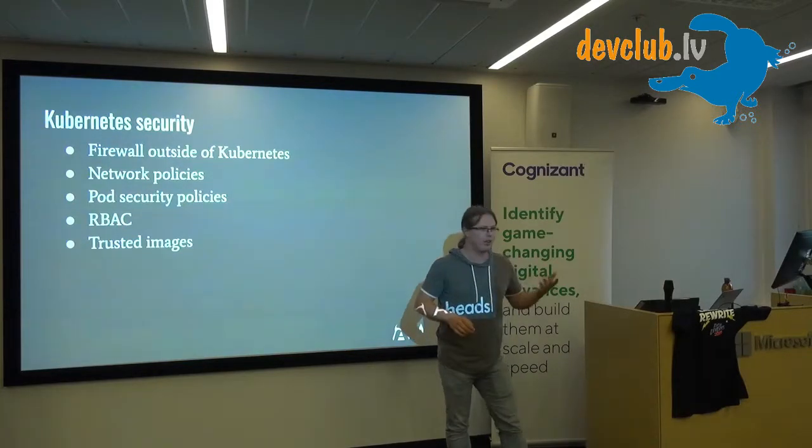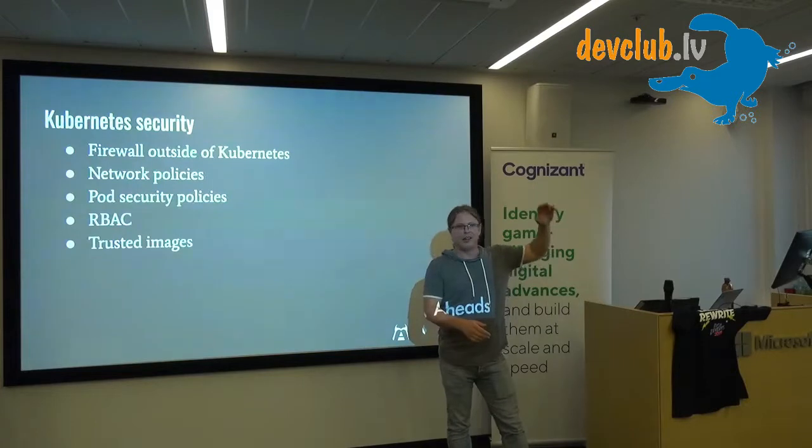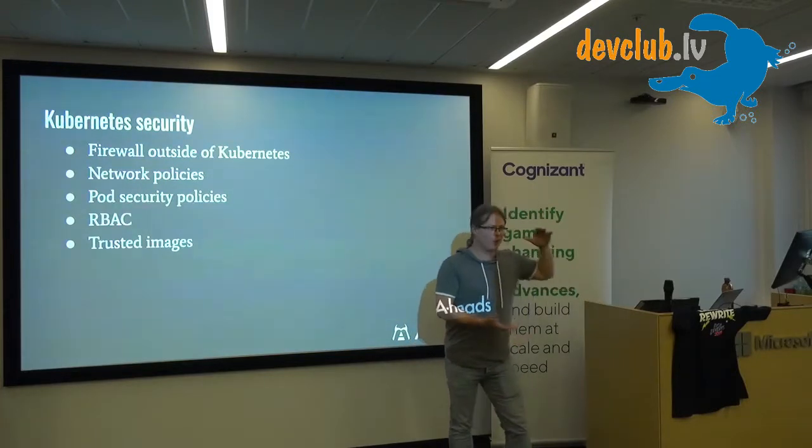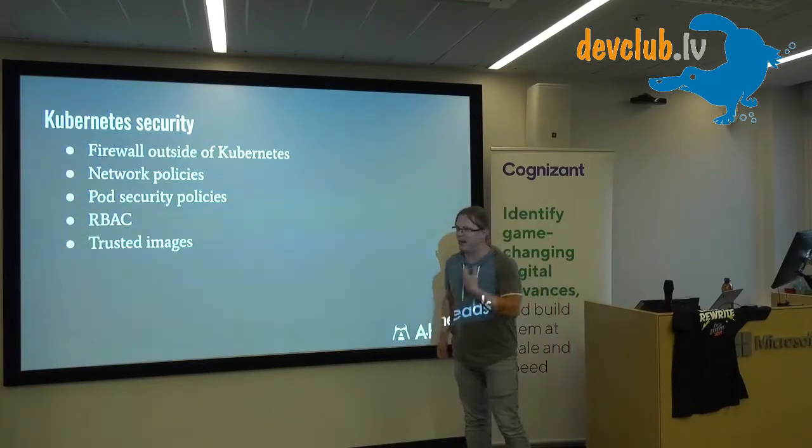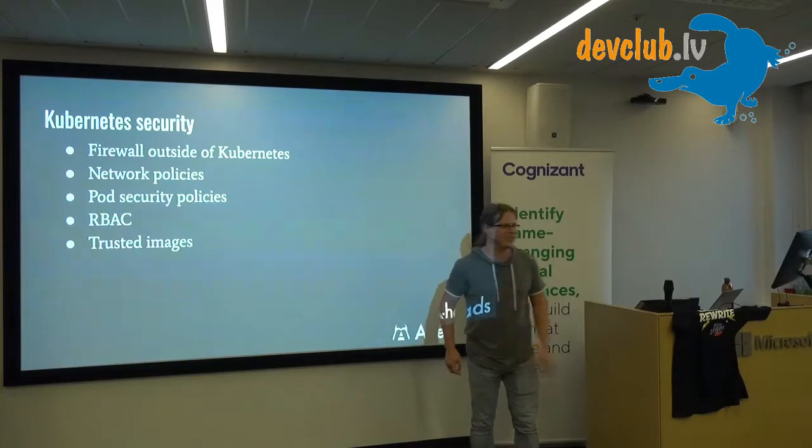So literally they just downloaded an IP range of Azure stuff and then applied it to the firewall and good to go, right? So I personally don't like such an approach.